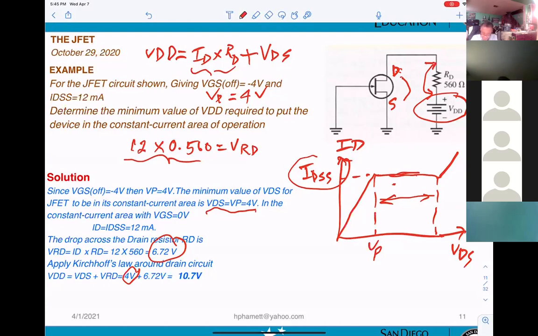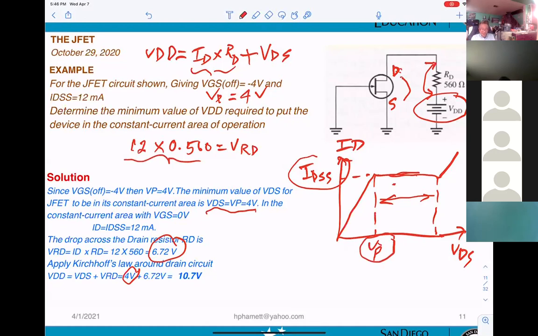The minimum for VDS to be in the constant region means it must be equal to VP. You know VGS off, then you know VP. That is the whole thing for this example.